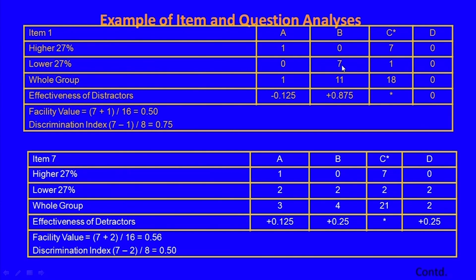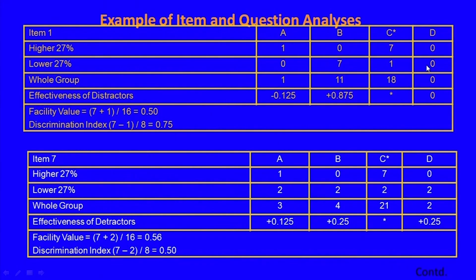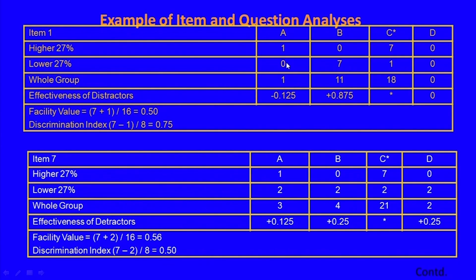They are choosing a wrong distractor as the correct answer. D, nobody has chosen. That's again a very interesting thing. Even the lower group is not choosing D. Nobody in the upper group has chosen D, nobody in the lower group has chosen D. And A, nobody has chosen A in the lower group.